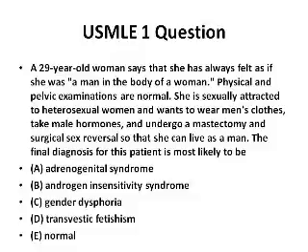She wants to take male hormones, and she wants to undergo a mastectomy and surgical sex reversal so that she can live as a man. The final diagnosis is most likely: A, androgenital syndrome, B, androgen insensitivity syndrome, C, gender dysphoria, D, transvestic fetishism, or E, normal.